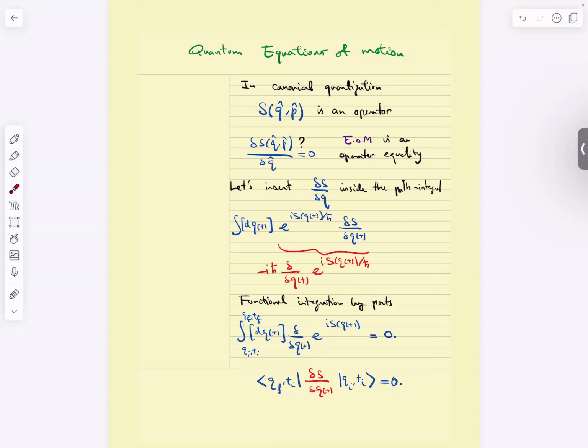Now inside the path integral, you could play a similar trick.